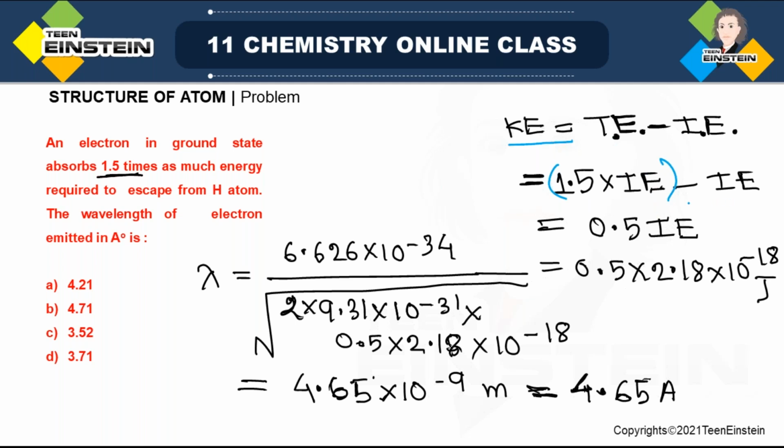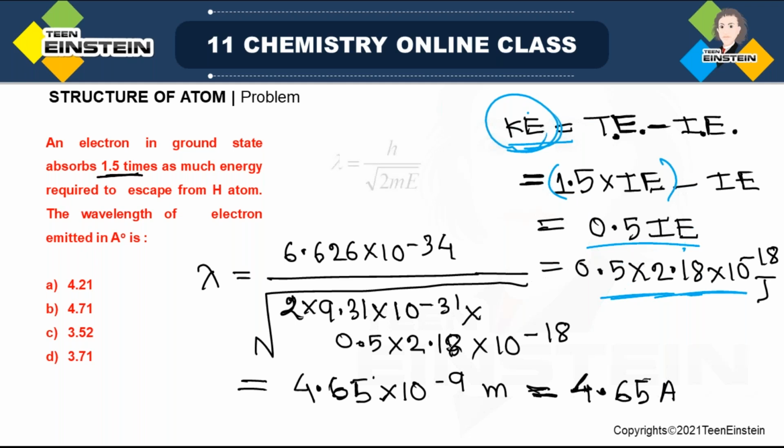Now 1.5 ionization energy minus ionization energy will be equal to 0.5 into ionization energy. And ionization energy we have already calculated for hydrogen-like system. It is 2.18 × 10^-18 joule. Okay. So this is the value of kinetic energy.